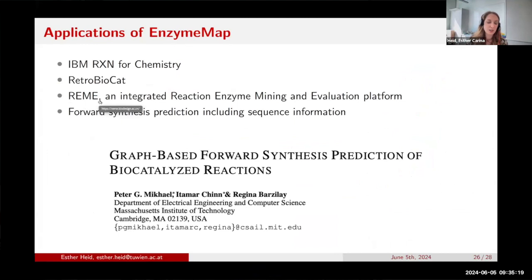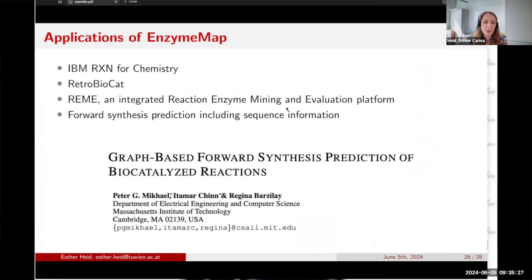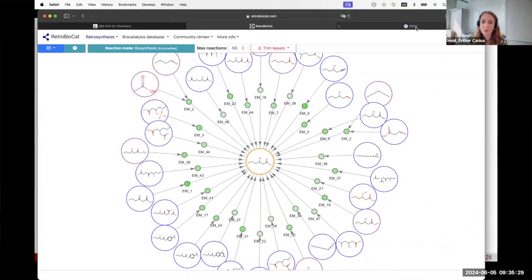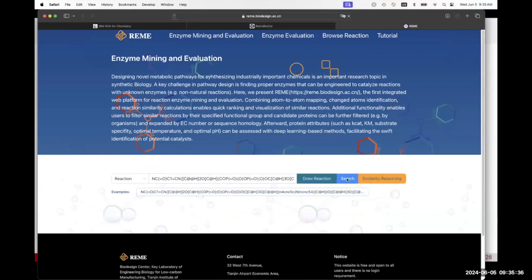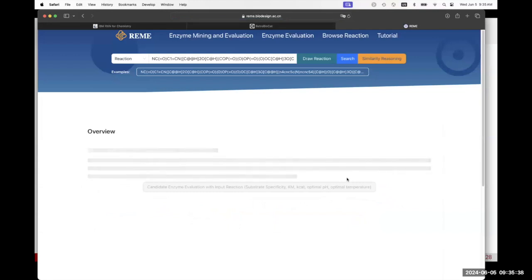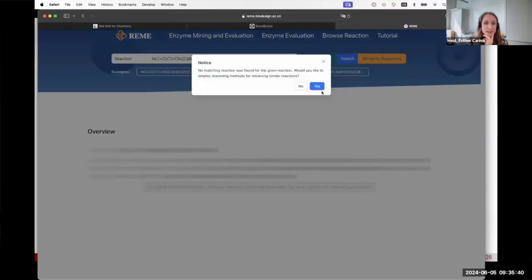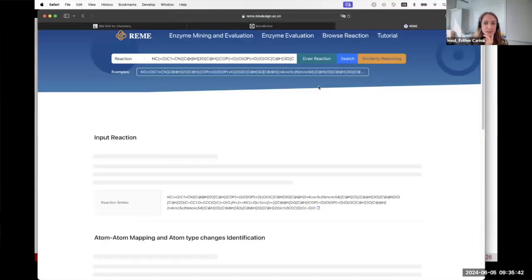Very lately, just a few months ago, there was also an integrated reaction enzyme mining and evaluation platform that came up, REME. If you have not heard about this, check it out. It is really cool. You can, for example, input a reaction. I'll just use the example reaction that I did here, and I can click on search, and this will take a second. And I do hope that you can see my screen.